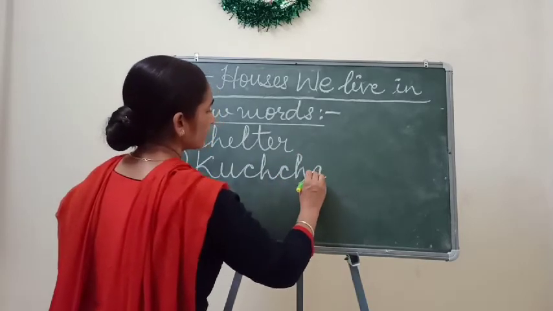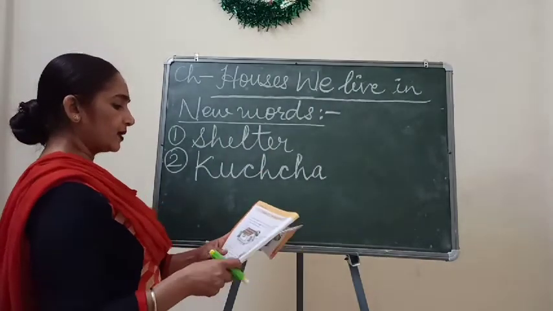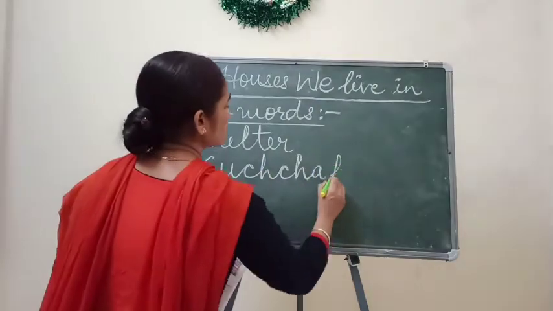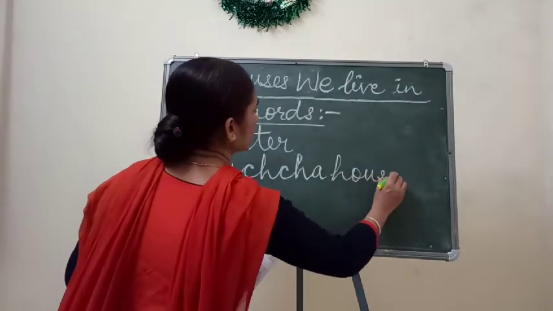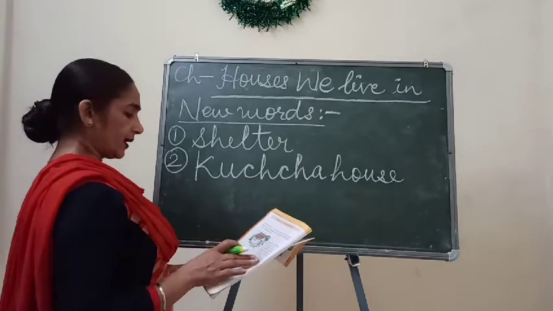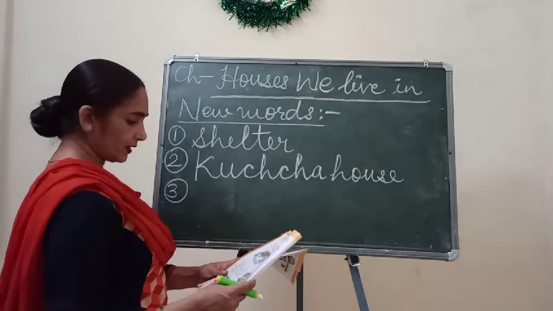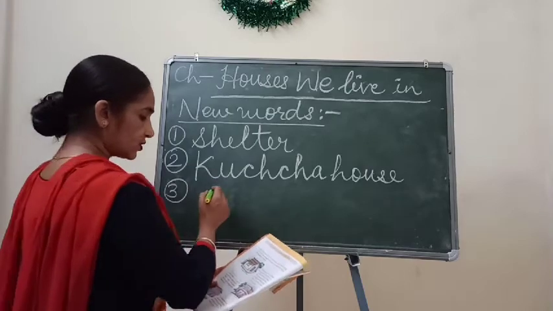Kacha house. You can write here kacha house. Third new word is straw.